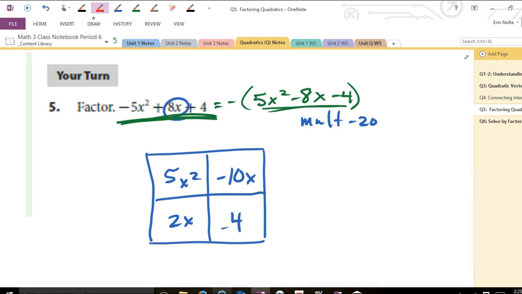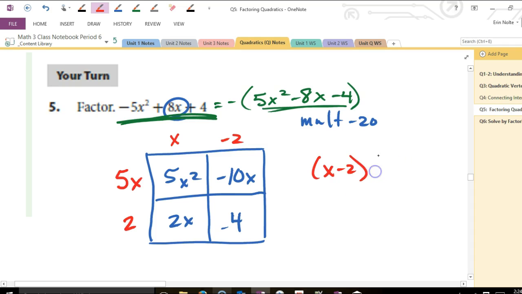What's the greatest common factor on the top row? Negative 5x. You mean positive? Okay, good. Second row? 2. Okay. Vertical. X. Okay, second vertical, there goes. Negative 2. Okay, so those two quantities are x minus 2 and 5x plus 2.